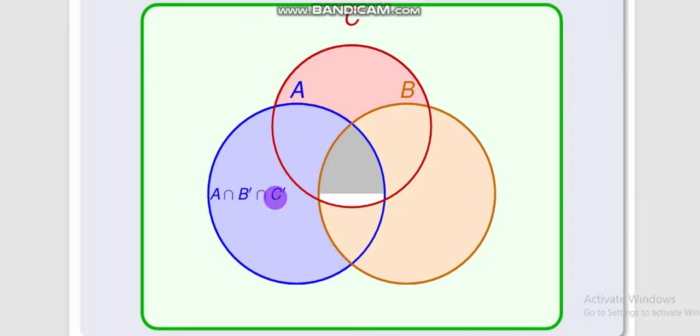They are in C complement because this region again is outside set C. So that is why we say A intersection B complement intersection C complement, otherwise read as elements in A but not in B or C.